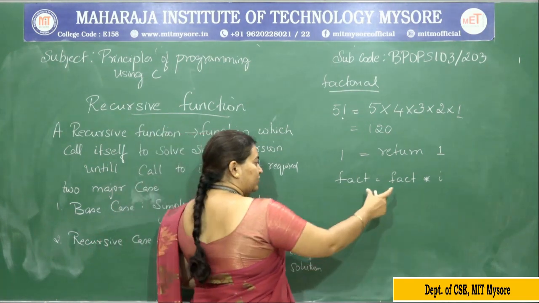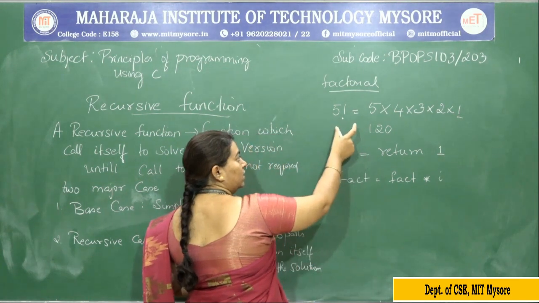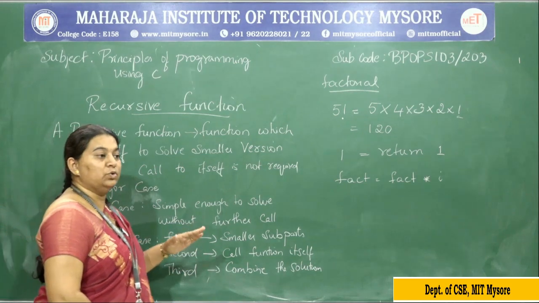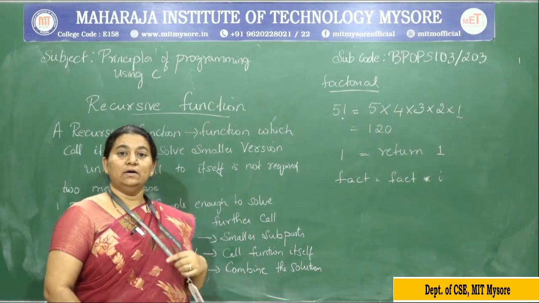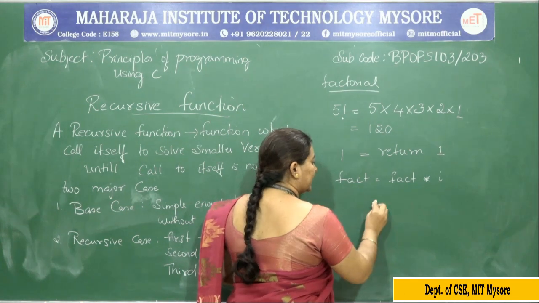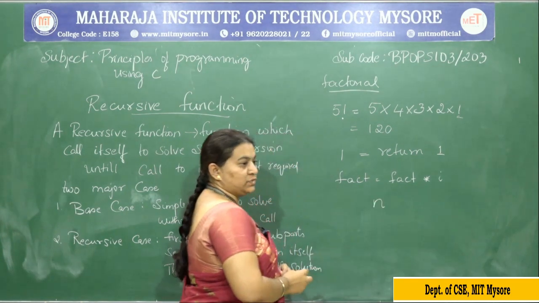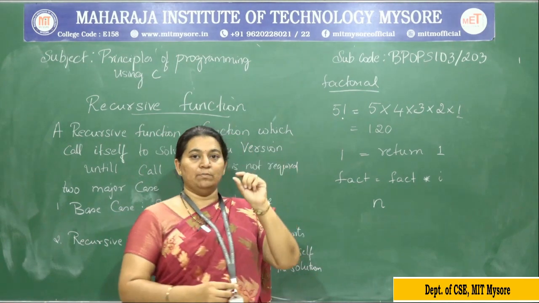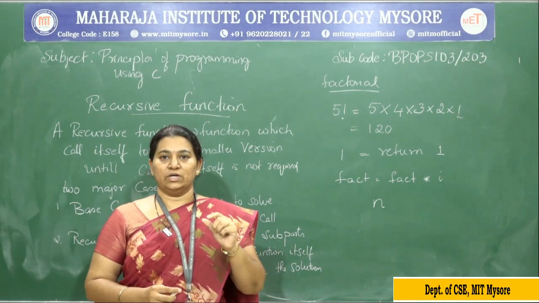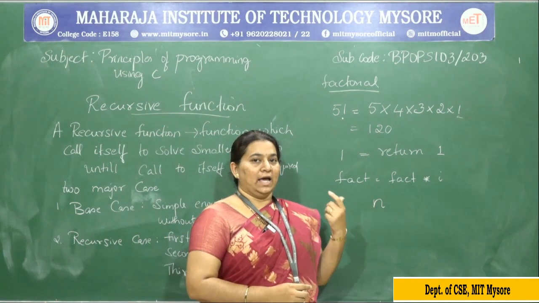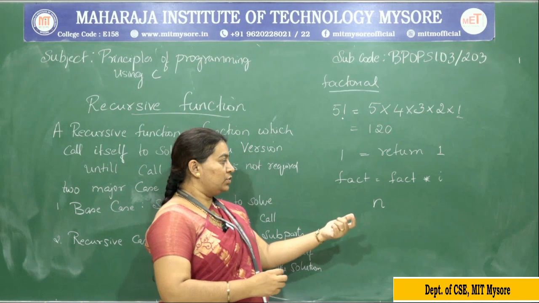I have to change this into the form of a recursive case. Whatever I am using here, I can write as n. I will be sending the number whose factorial I have to calculate, and that number I take as n.